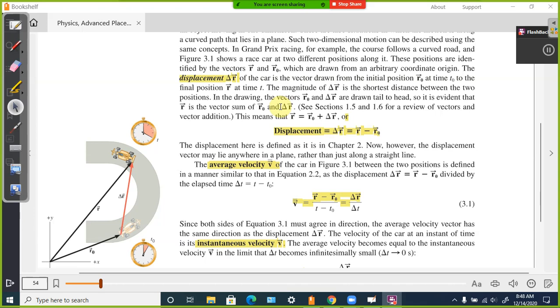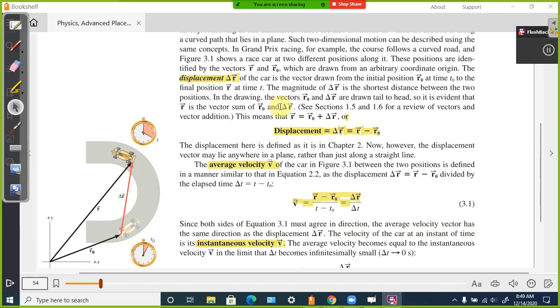So, as an example, just so you're clear on this, say you start here at the school, right? You start here at the school and you go clear to Wilkes-Barre and you come back to the school. Well, technically, in that case, your displacement would be zero because the place that you started and the place that you stopped is the exact same location.